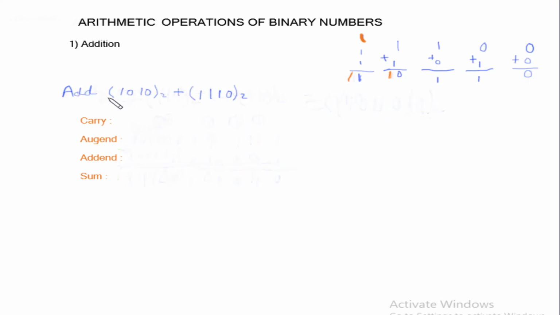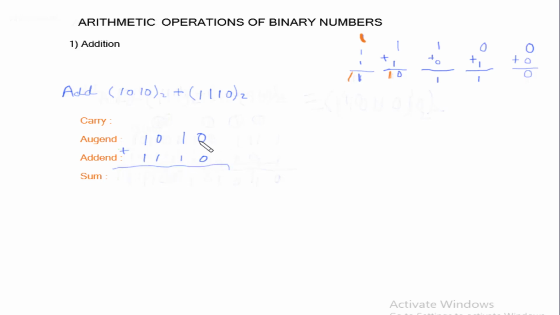Now another, we have to add 1010 in binary plus 1110. So here the augend will be 1010. We start adding from the right side. So in reverse it is 0111, but this isn't the right way to write it. It can be written from the left. Okay?